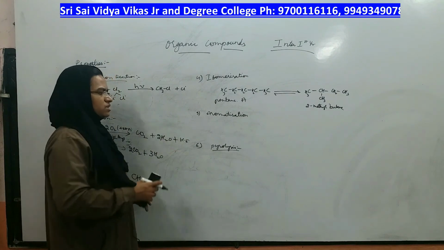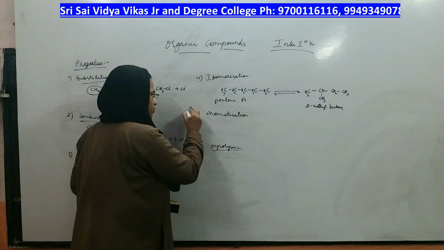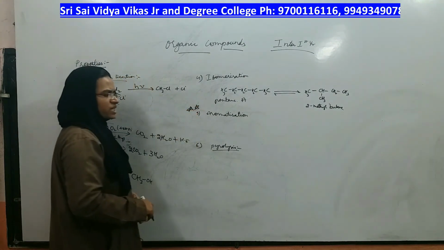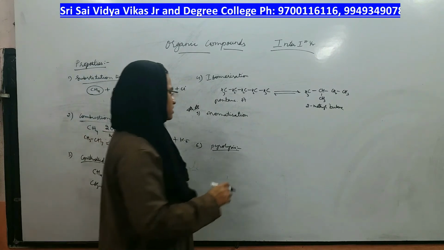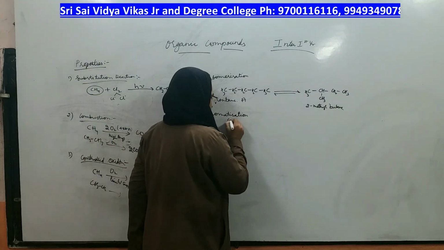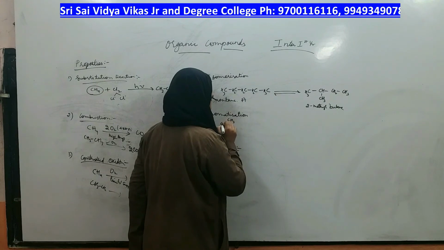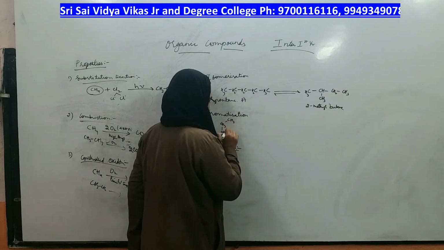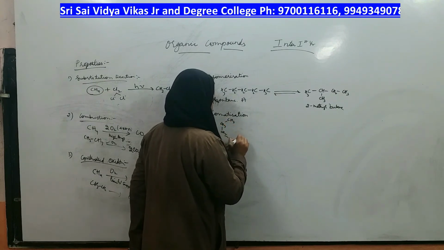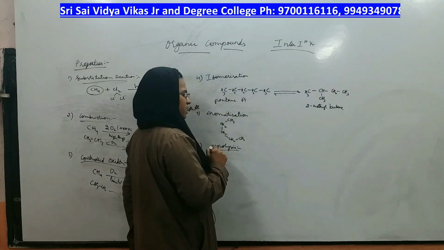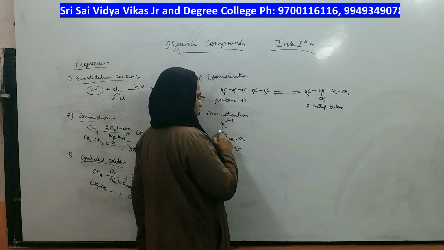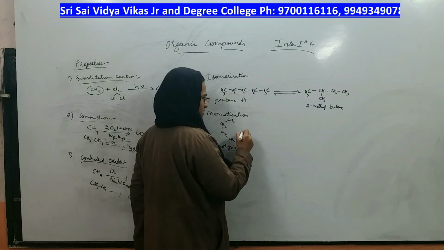That is isomerization. Coming to a very important reaction, aromatization. Alkane will be undergoing aromatization. 1, 2, 3, 4, 5, 6.